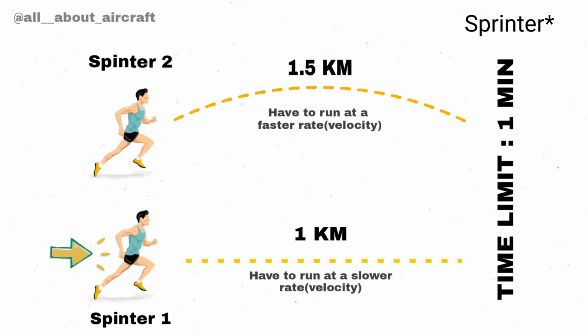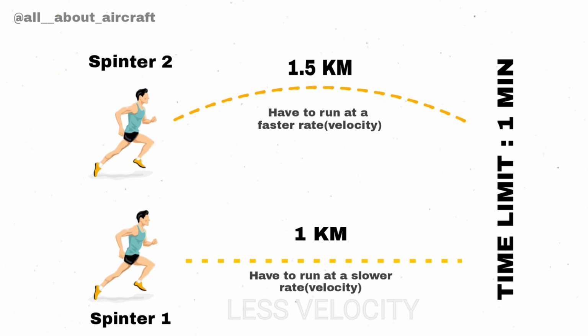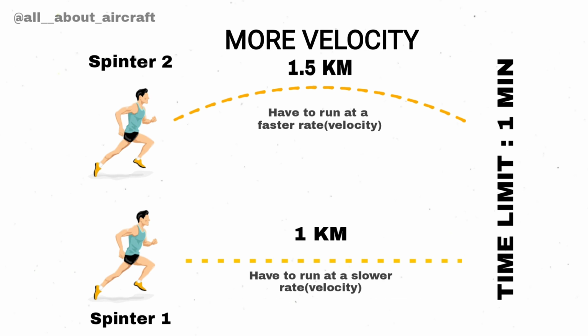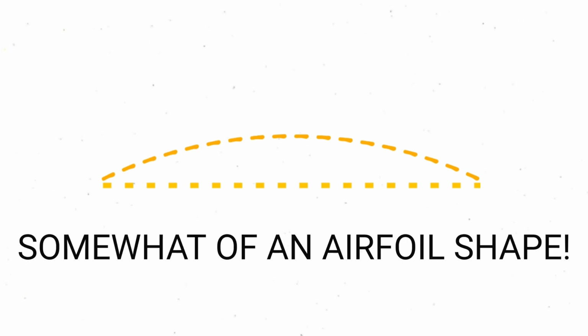But sprinter number 2 has to run faster, at a greater velocity you can say, because he has to travel more distance. So the velocity of sprinter 1 is less and the velocity of sprinter 2 is more, as I have explained. Let's merge the paths of these runners and it forms somewhat of an airfoil shape.